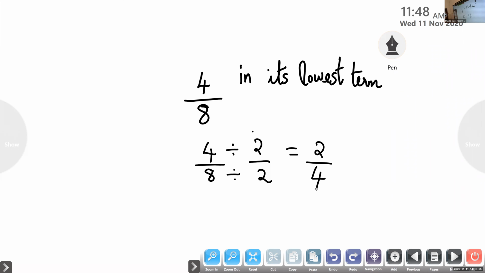Yes, who can tell me whether we can divide it again? Yes, Harsha. Can we divide this 2 by 4 again with any number? Harsha? Ma'am, it can be divided. Yes, unmute and speak. I'm asking Harsha.